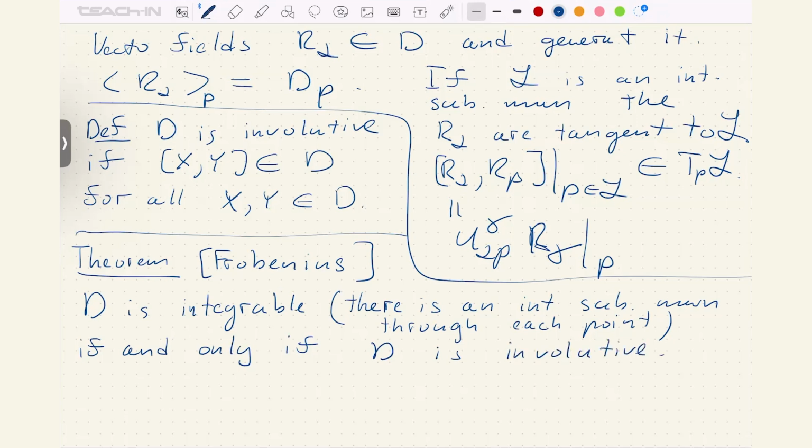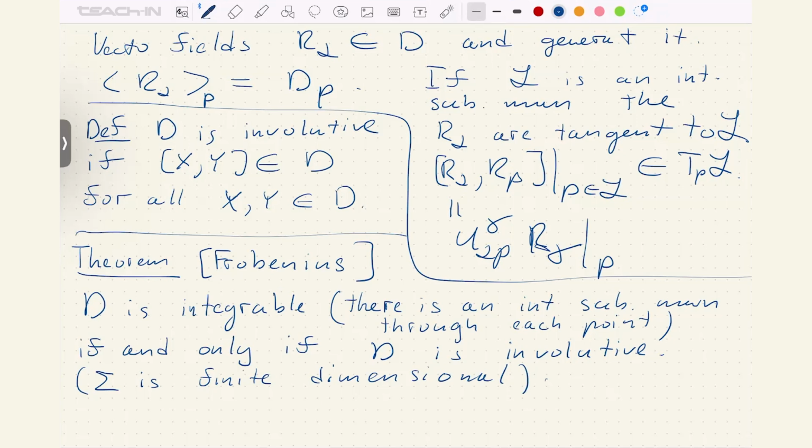So these are equivalent. And this, strictly speaking, holds when sigma is finite dimensional. In infinite dimensions, it's not necessarily so. So this is a famous theorem.